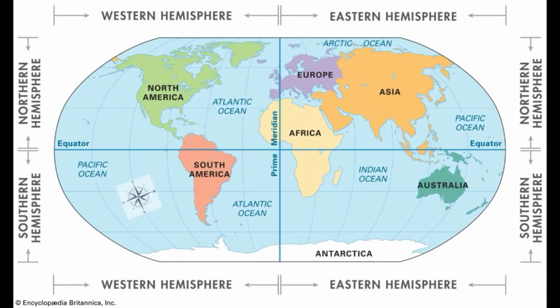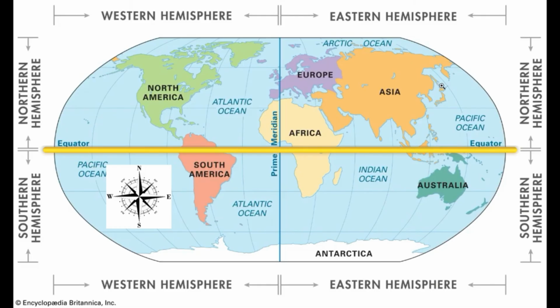I think this map shows it pretty well. Kind of summarizes it in one image with a little bit of text. And if you can remember back, here's the equator right here. And all of this, everything that's located north of the equator, is in the northern hemisphere.